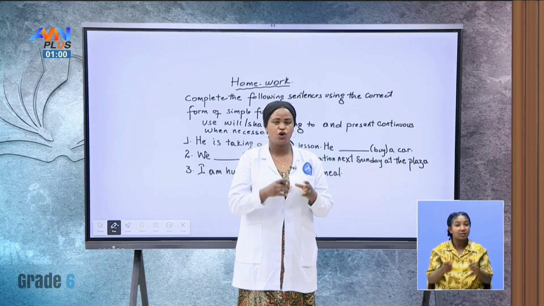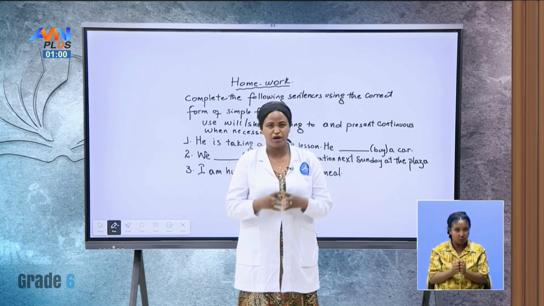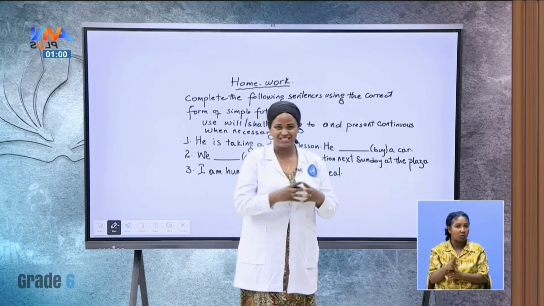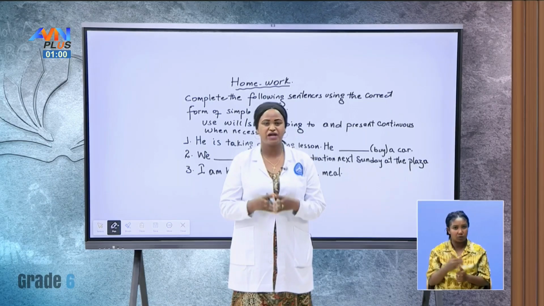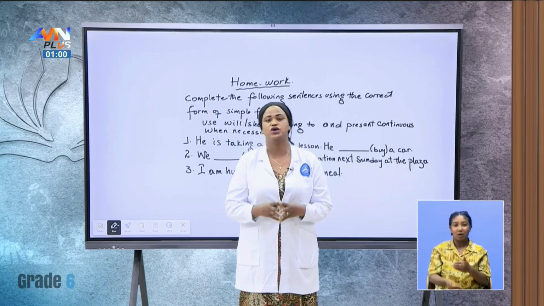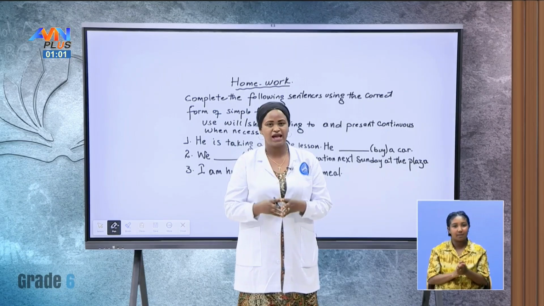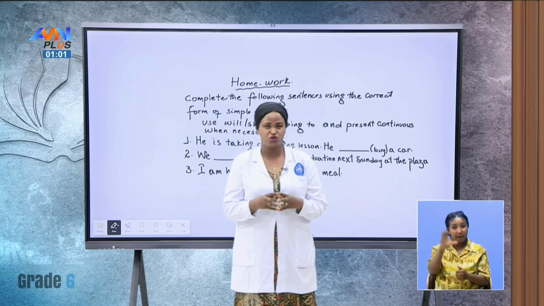The first, will and shall, they come up with future facts or spontaneous decisions. Very good. Try to remember every point that we have discussed. And the next one, going to, is used to express a planned future, and the other one, a prediction based on some facts.